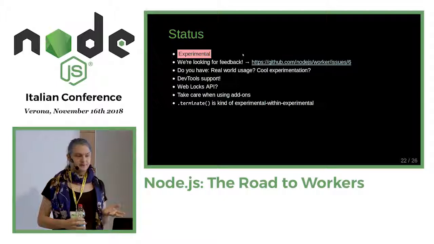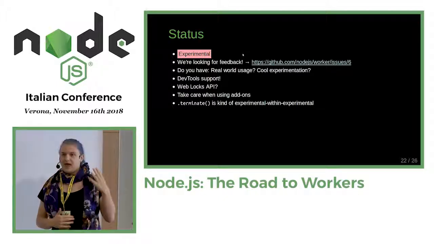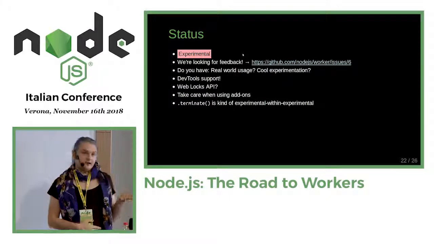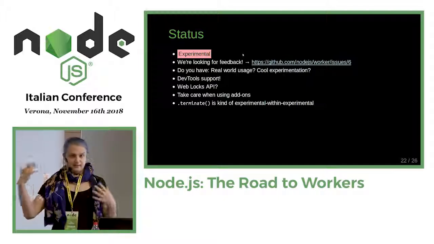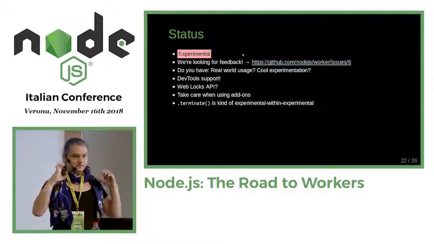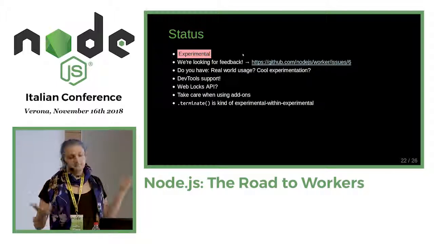With workers, that's no longer true, because being able to use .terminate means that any piece of JavaScript can now theoretically fail, because terminate is basically saying to the JS engine, please stop everything you're doing right now.